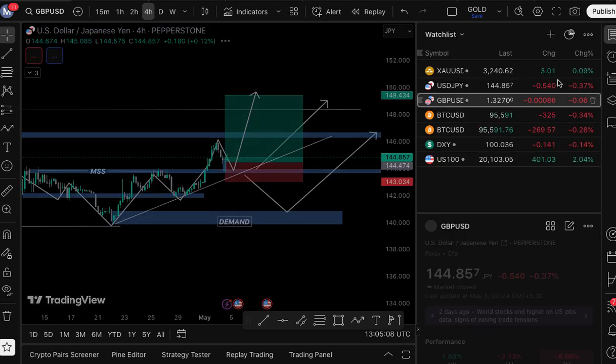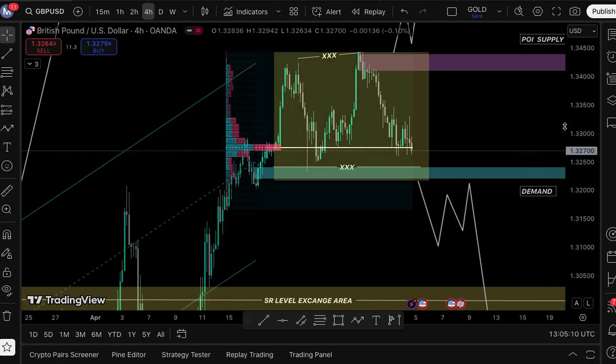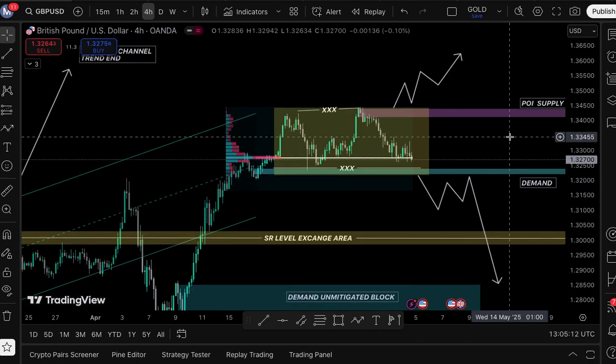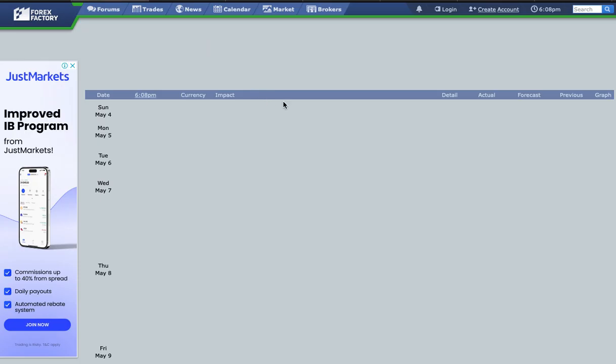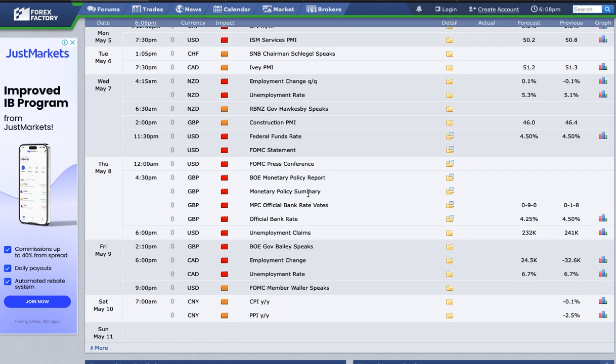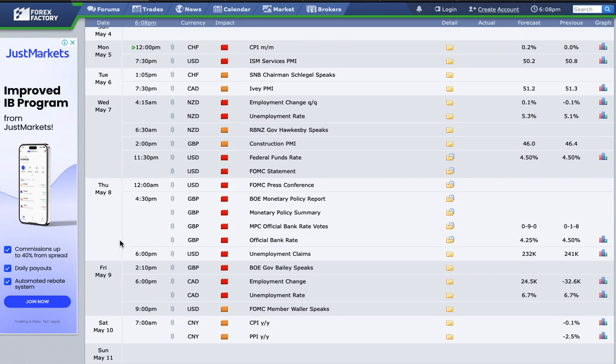And one more thing, the GBPUSD. GBPUSD has good data for next week. As you can check, BOE monetary policy reports, monetary policy summary, MPC official bank rate votes, and official bank rate. So on May 8, Tuesday, 4:30 p.m. Indian time, we can check that we have the four news items.